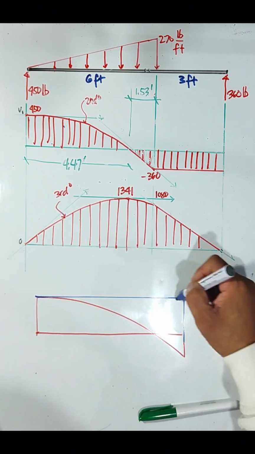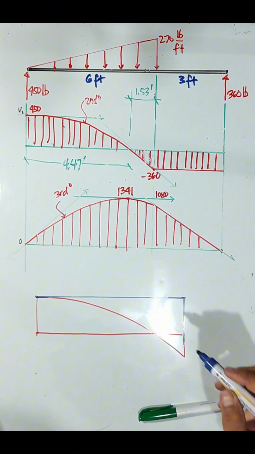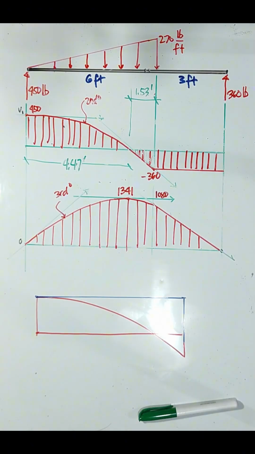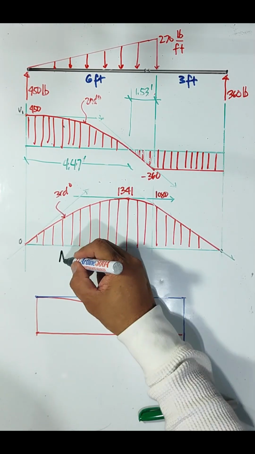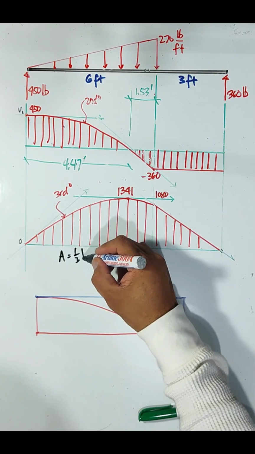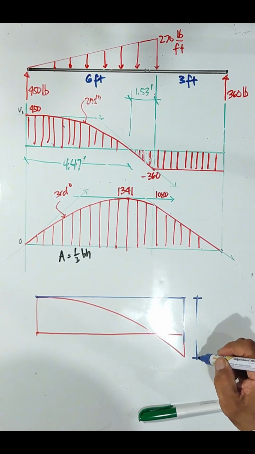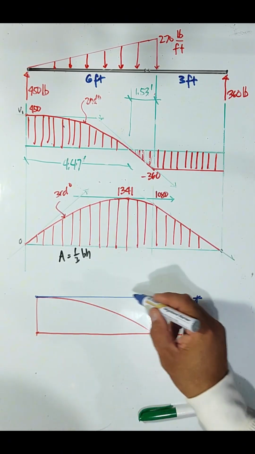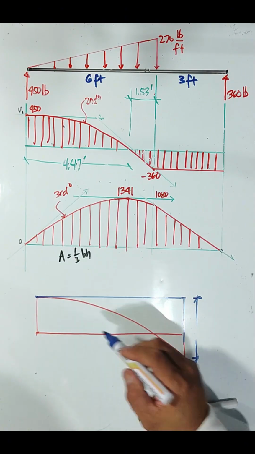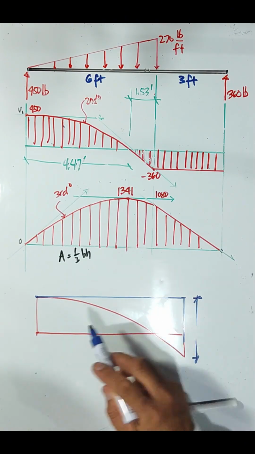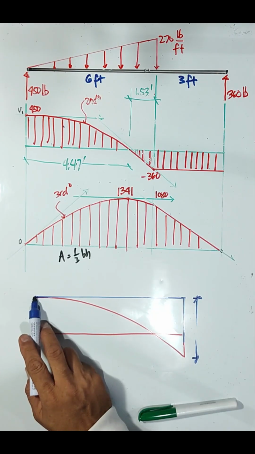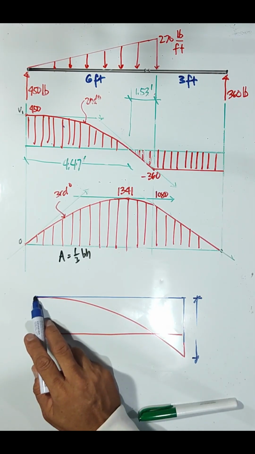Okay, so this line here is tangent to this point here. That means we can use the formula area is 1/3 BH. This height here, h, will be our h for this spandrel. So we need to solve this spandrel. We have to start here because this is where this line is tangent to the curve.